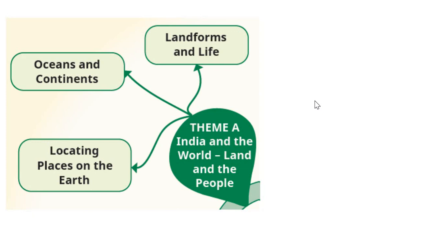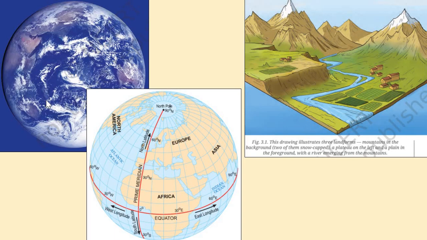As I was saying, society dynamics. And basically here, through these 3 chapters, students will develop an understanding about the earth that we live on, and also about the habitat of humans and other life forms.